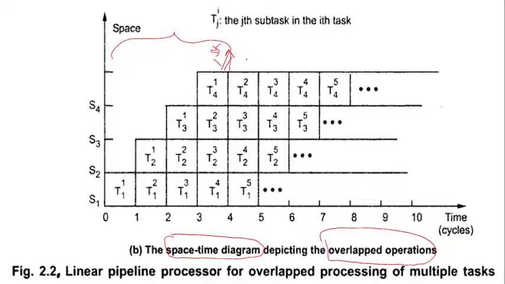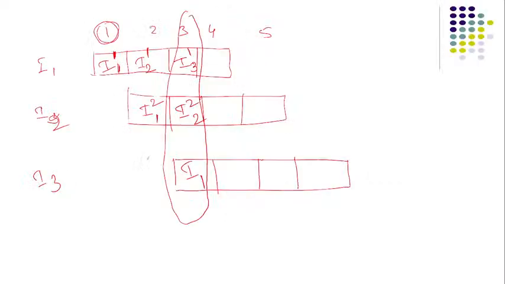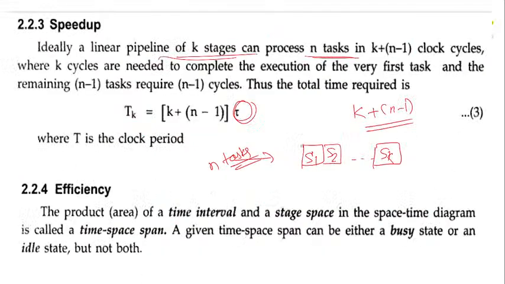After this, in every one clock, at the end of the 5th clock cycle, the second instruction is executed. At the end of clock cycle 6, the third instruction is executed. So k cycles are needed to complete the execution of the very first task. See, only the first task takes the maximum time.